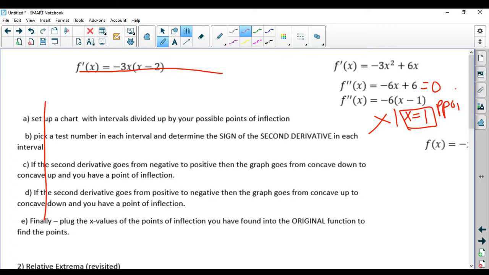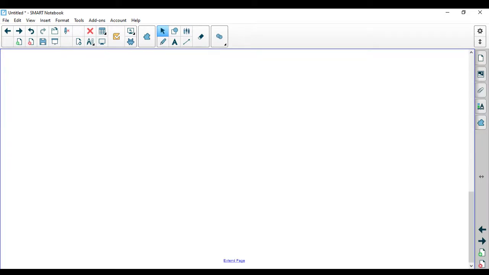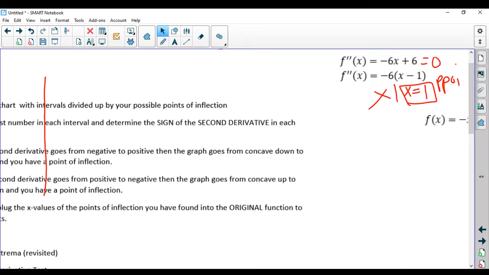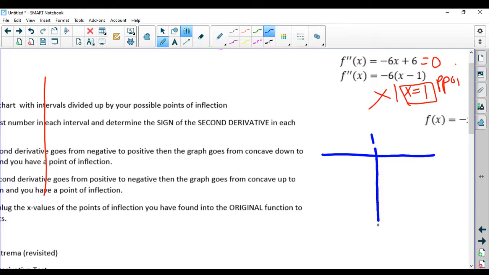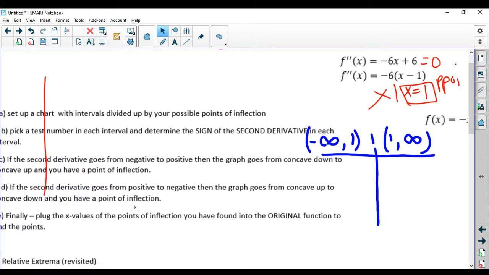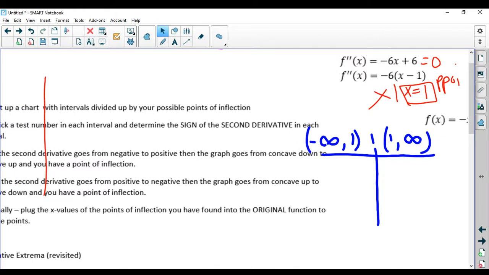So now you set up a chart, just like the last problem. But instead of using the critical numbers, you use the possible points of inflection. So here we go. My only possible point of inflection was 1. I'm going to go negative infinity to 1 for the first interval and 1 to infinity for the second interval. Next, we're going to pick a test number in each interval and determine the second derivative.